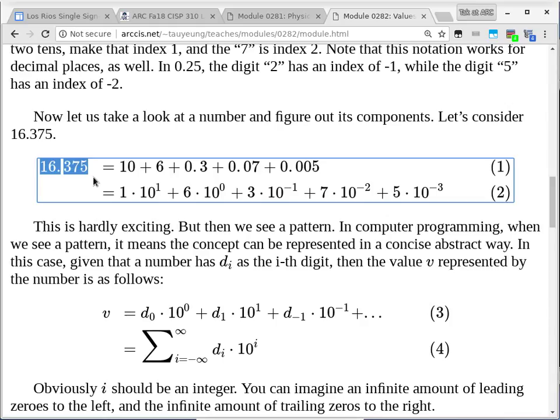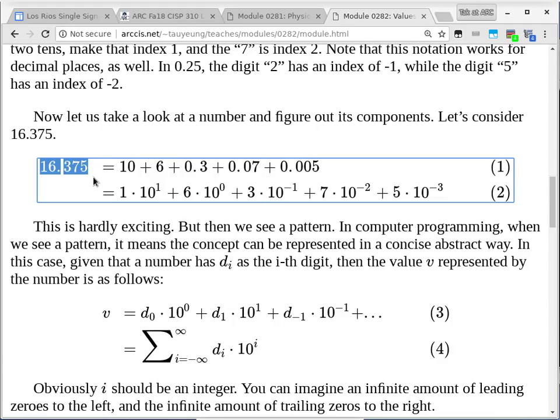So whatever is taking the place immediately to the left of the point is always specifying the quantity of the base raised to the power of 0. The one digit to the left of that, which is 1 in this example, is always representing the quantity of whatever base you choose to use raised to the power of 1. And then 2, 3, 4, 5, and so on to the left-hand side.